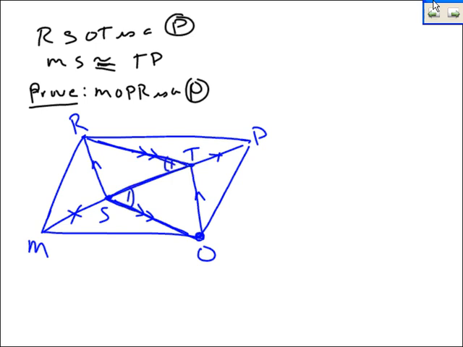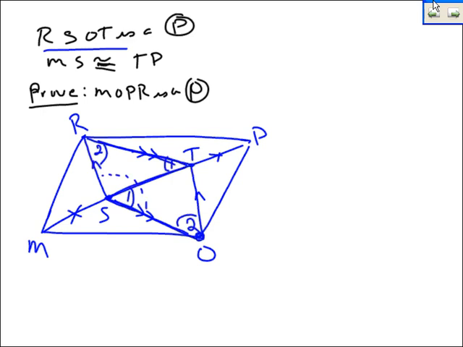Likewise, we can probably do the same thing since RS and TO are parallel. Well, we don't have, okay. Oh, it's a parallelogram. So this is angle 2, and this is angle 2. Opposite angles are equal. Okay, let's just look at RSOT.